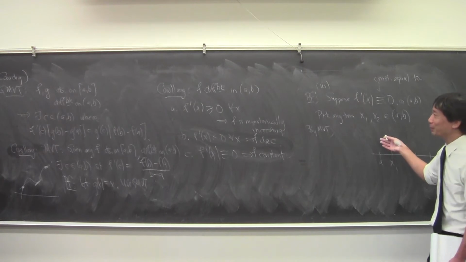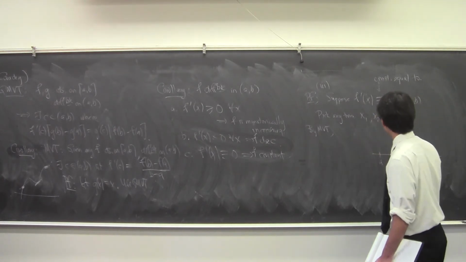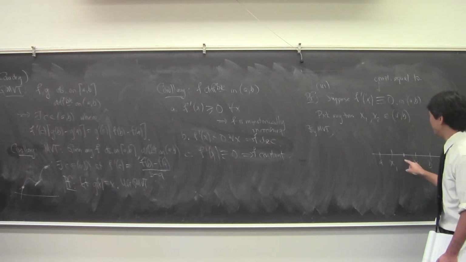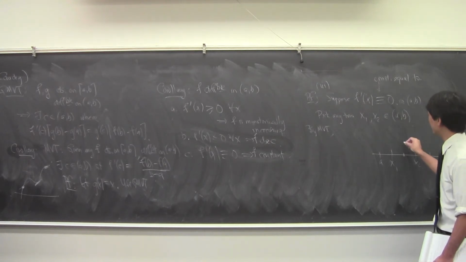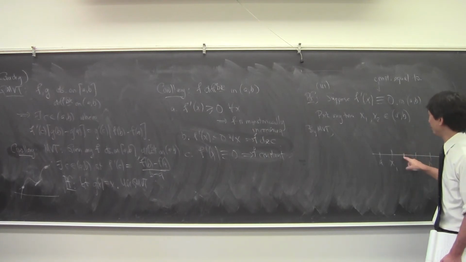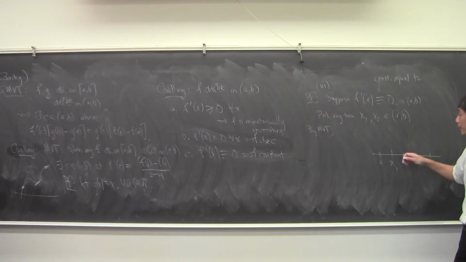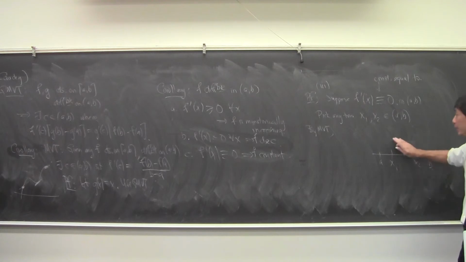By the mean value theorem, you know that there's some place in the middle where the instantaneous velocity equals the average velocity over the whole time interval. But you know that the instantaneous velocity is 0 everywhere. So that tells you that over any time interval, the average velocity is 0. In other words, it's flat.